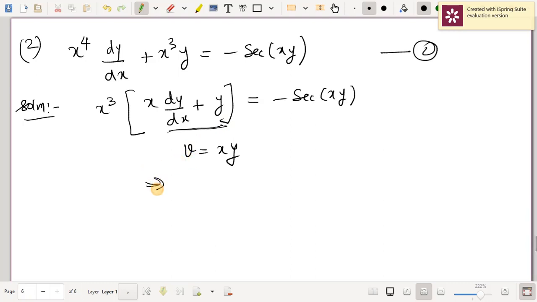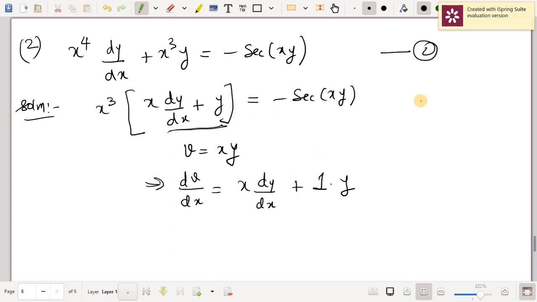As from here, dv by dx, you just use the product rule, x into the derivative of y with respect to x plus 1 into derivative of x with respect to x into y. So this bracket is exactly occurring over here.